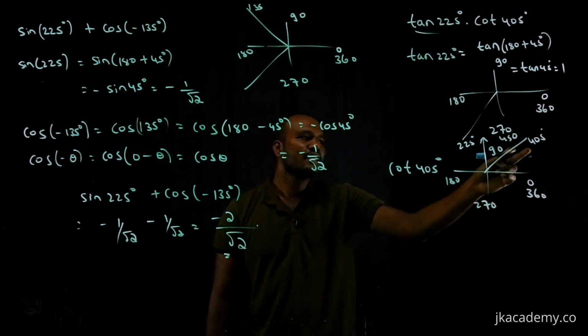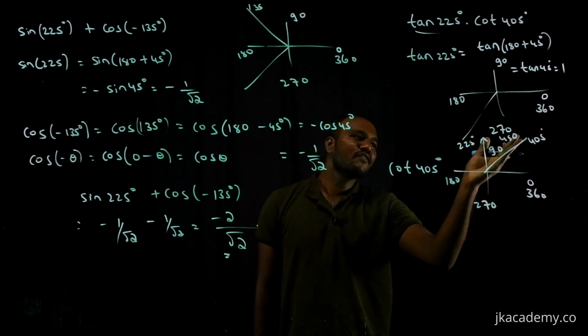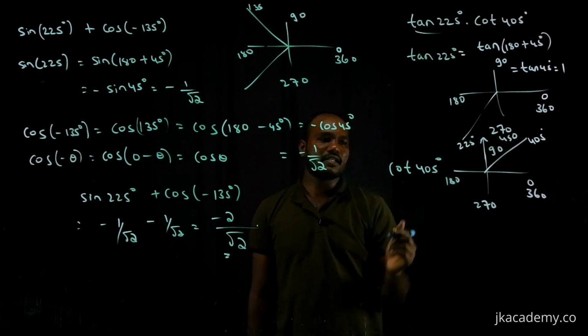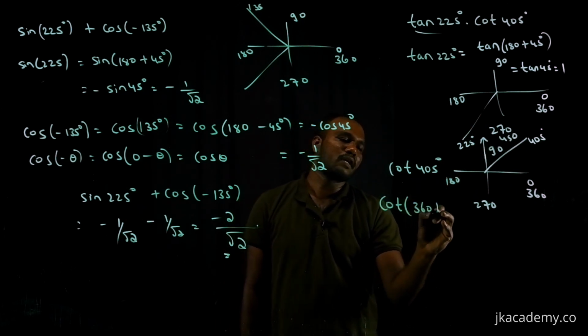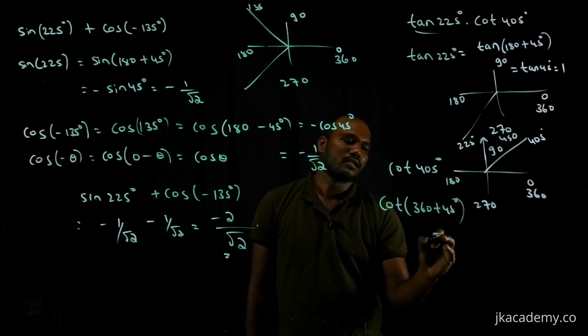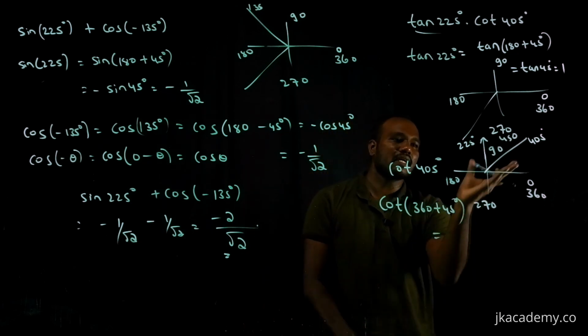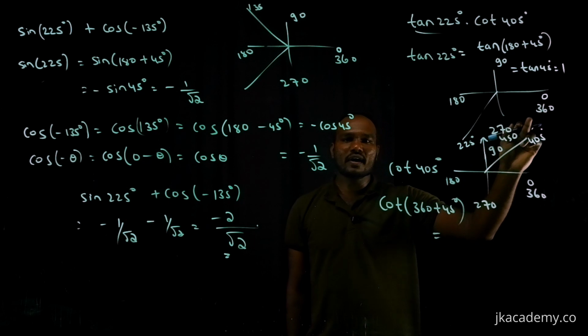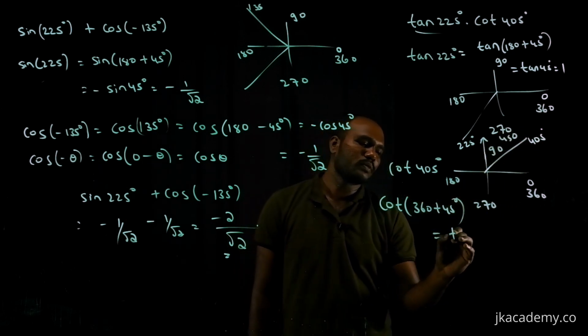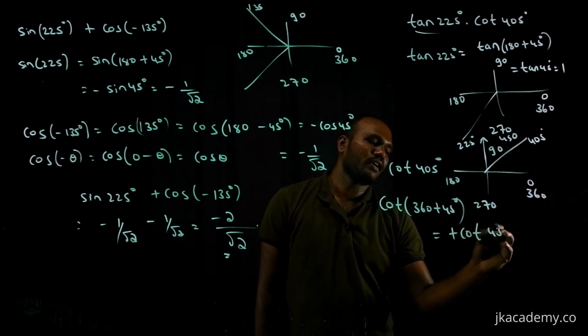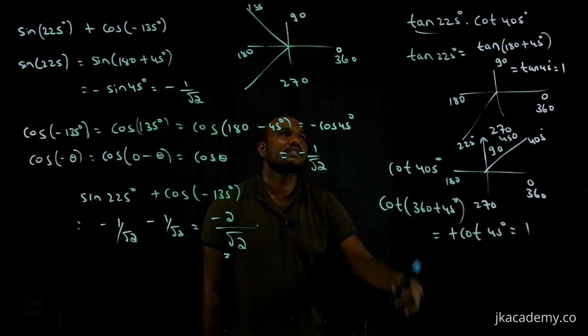So 405 degree line is here. So it is less than 450 degree and more than 360 degree. So can I write cot of 405 degree as what? 360 plus 45 degree. So 360 plus theta, it is in first quadrant. We can see it is in first quadrant, right? In the first quadrant, all are positive. So this will become cot 45 degree. That is again 1.